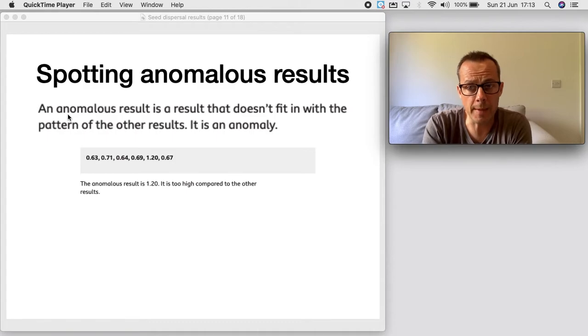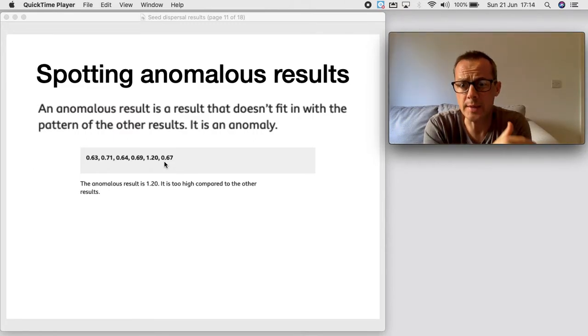Now what we want to try and be able to do is identify anomalous results in sets of data. So if we look at this example here, we've got a set of data. Doesn't matter what it's for, it's just a series of numbers. But 0.63, 0.71, 0.64, 0.69, 1.2 and 0.67.